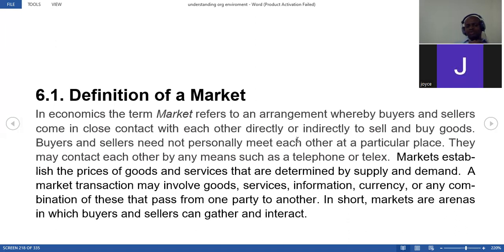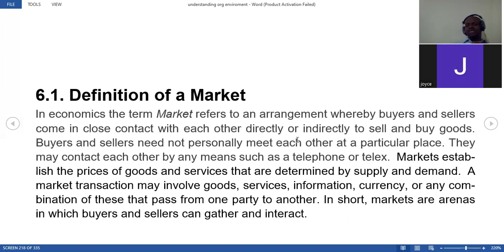So in the market, we have what is called market transaction. And market transaction involves the exchange of goods, services, and information between the parties involved. And these parties we are saying are the buyers and the sellers. So they come into place in order to transact business.